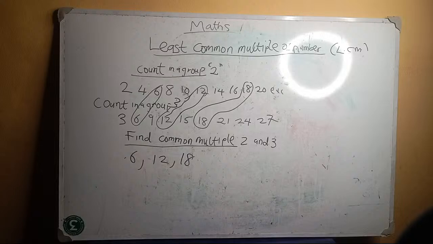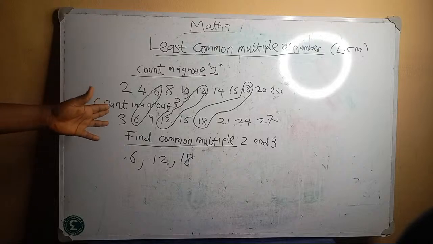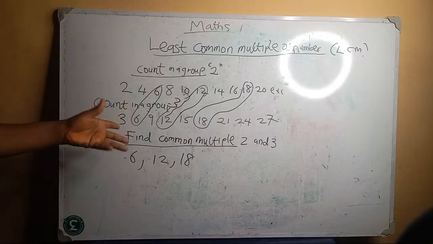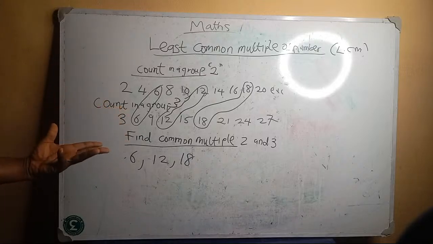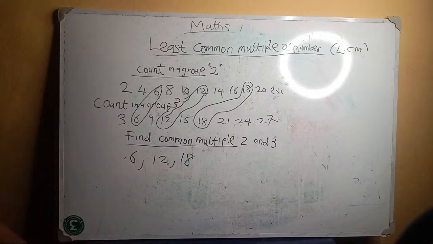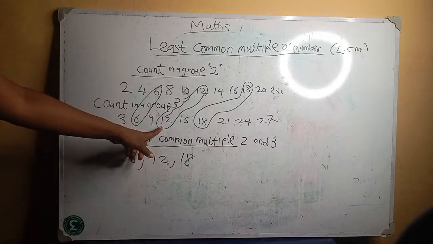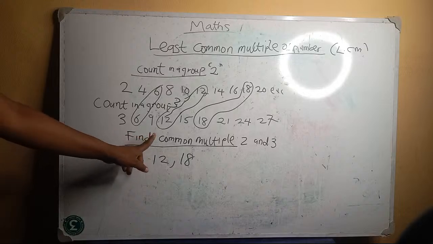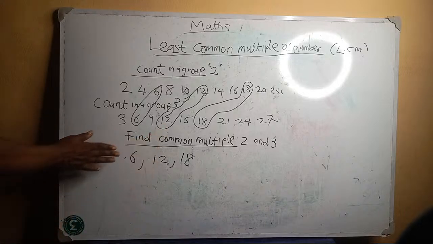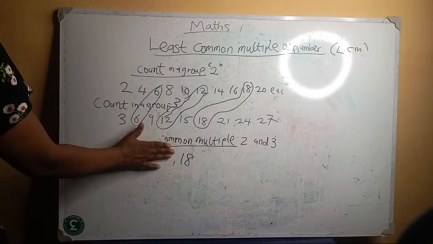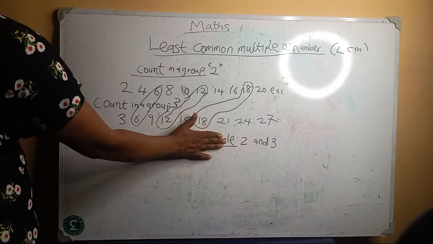So if I ask you now to find the common multiple of 2 and 3, or even the common multiple of 3 and 4, you can find it. When you find the common multiple of 3 and 4, you get 12, because 4 can divide it. So let's go ahead and do that one now. Let's find the common multiple of 3 and 4.